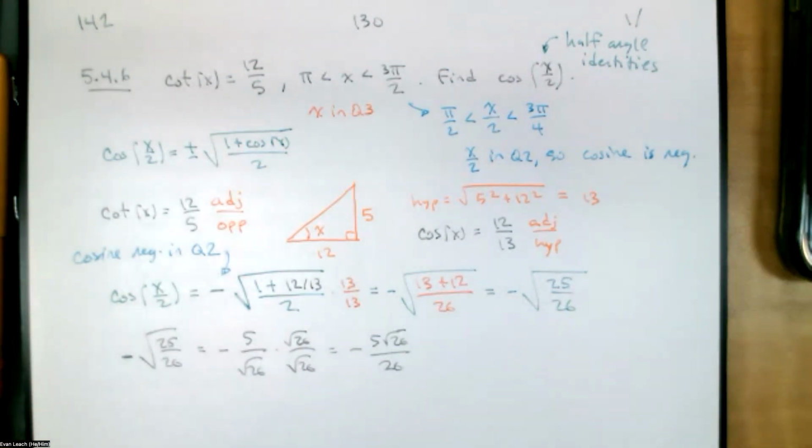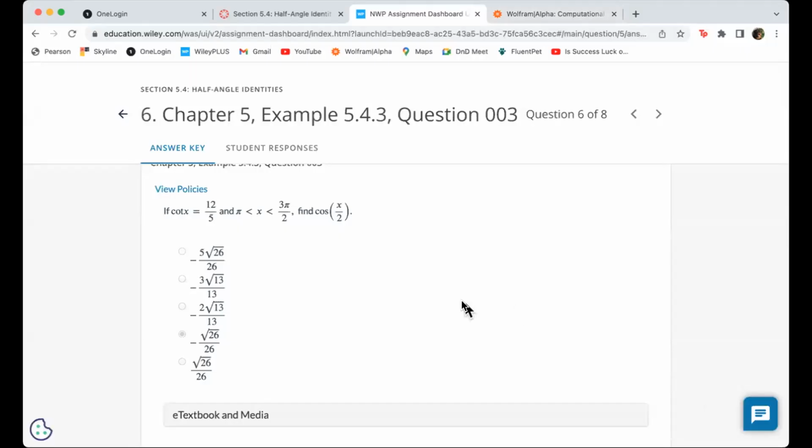And the problem did ask for... it should be the 5. Cotangent is 12 over 5, so that's adjacent over opposite. Adjacent is 12, right?